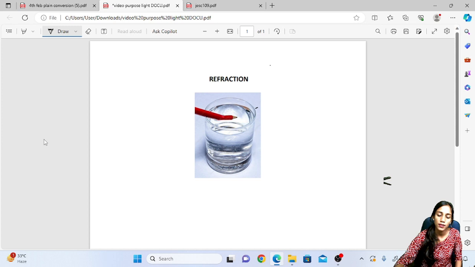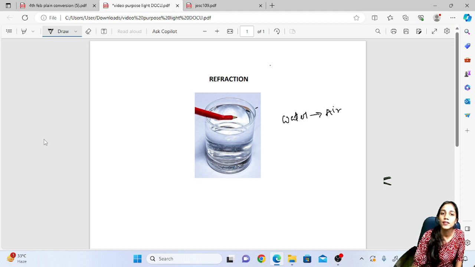The main reason is that the rays of light coming from the part of the pencil which is immersed inside the medium travel from water to air.